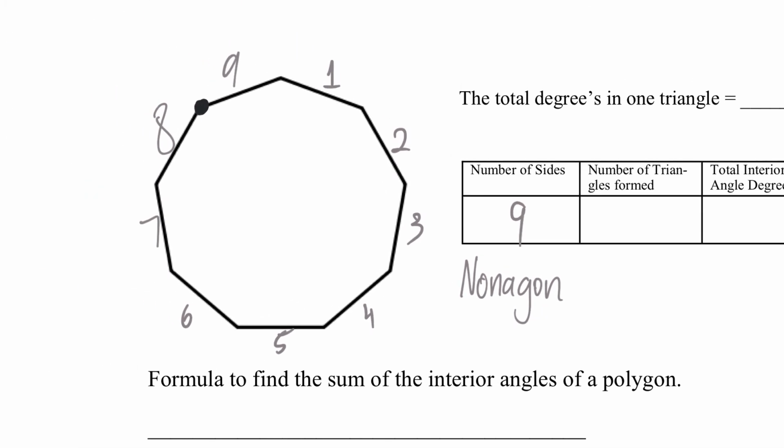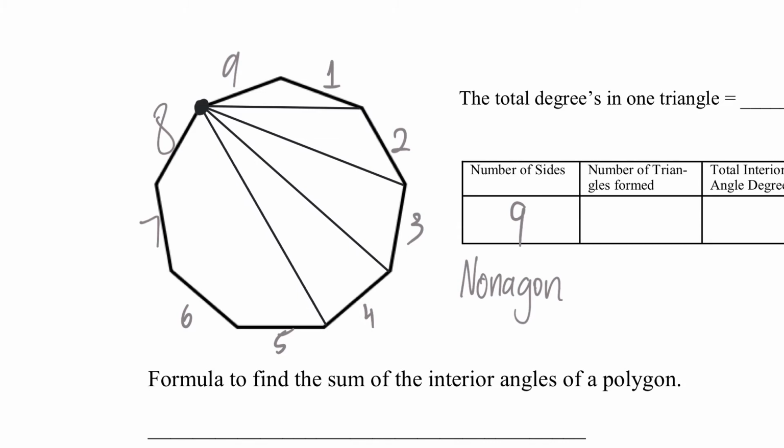Okay, so going back up here, I'm going to draw from here to here, from here to here, here to here, here to here, here to here, and here to here.